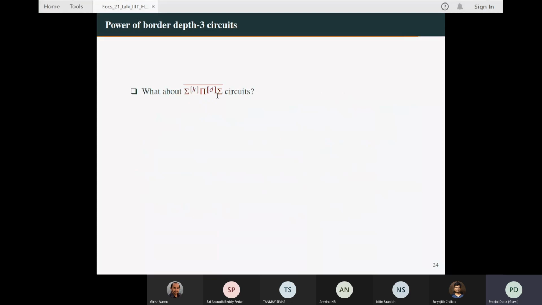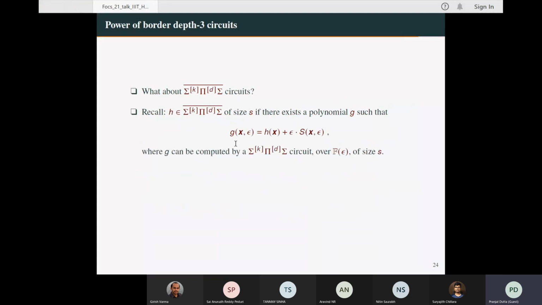So I have a ΣΠΣ border, and just to reiterate the definition of border: H is in the border of depth 3 fanin k if there is a G such that G is H plus epsilon times something. So the epsilon to the 0 coefficient is H, and G is computed by a ΣΠΣ circuit over the field F(epsilon).